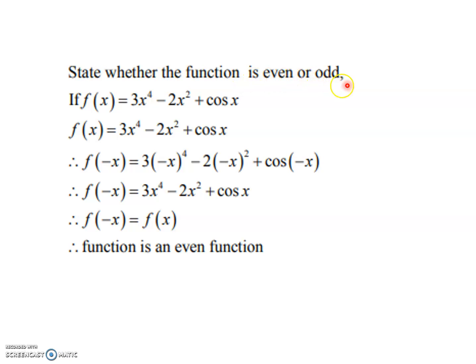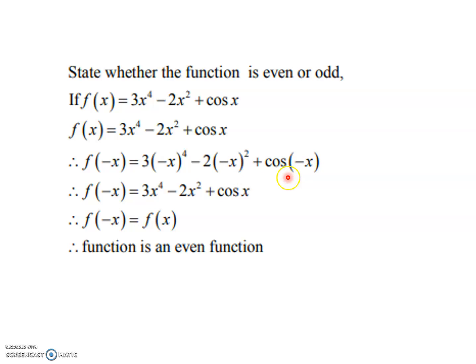State whether the function is even or odd. f of x is equal to 3x raised to 4 minus 2x square plus cos x. Instead of x, we put minus x. f of minus x is equal to 3 into minus x raised to 4 minus 2 into minus x square plus cos of minus x.